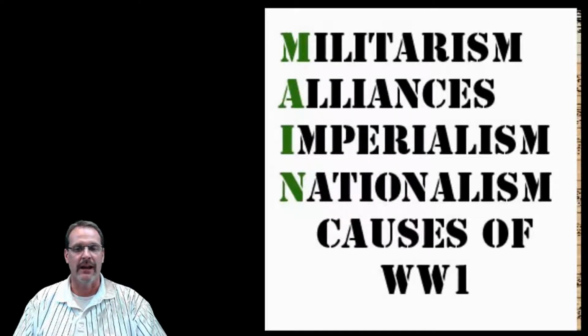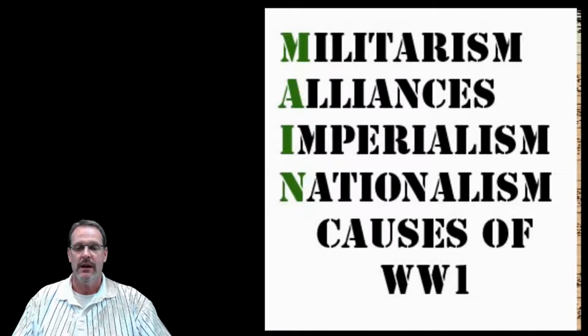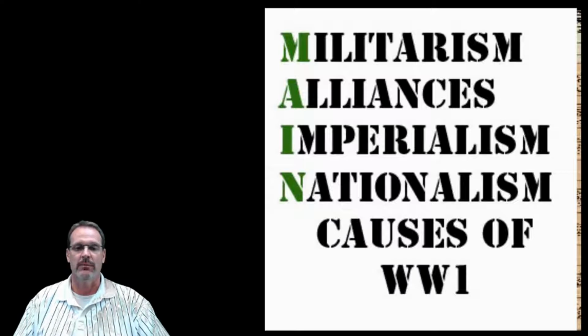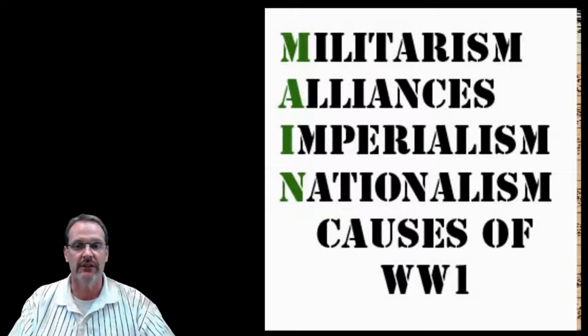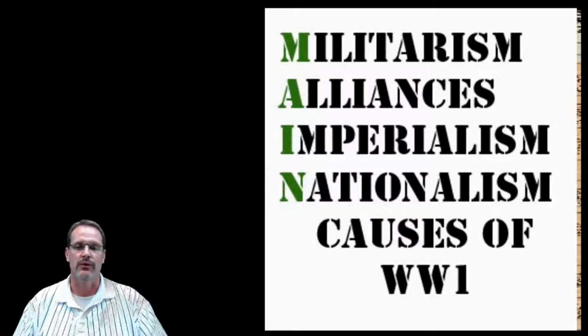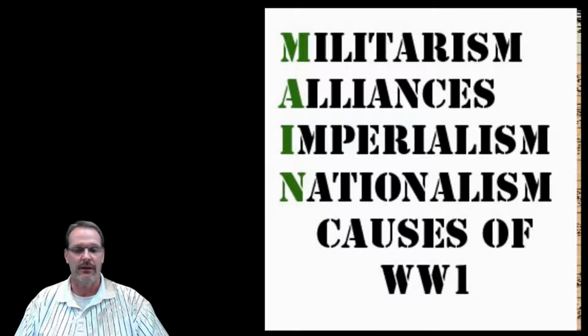There are a lot of main causes: militarism, the rise of militaries throughout the world; alliances, some of them secretive, some of them not so secretive; imperialism, basically smaller nations getting picked on by larger nations, and of course the need to do that because you want to grow your military; and extreme nationalism, where you put everything in the hands of the country, and we stop second guessing our actions, and we place country in front of everything.